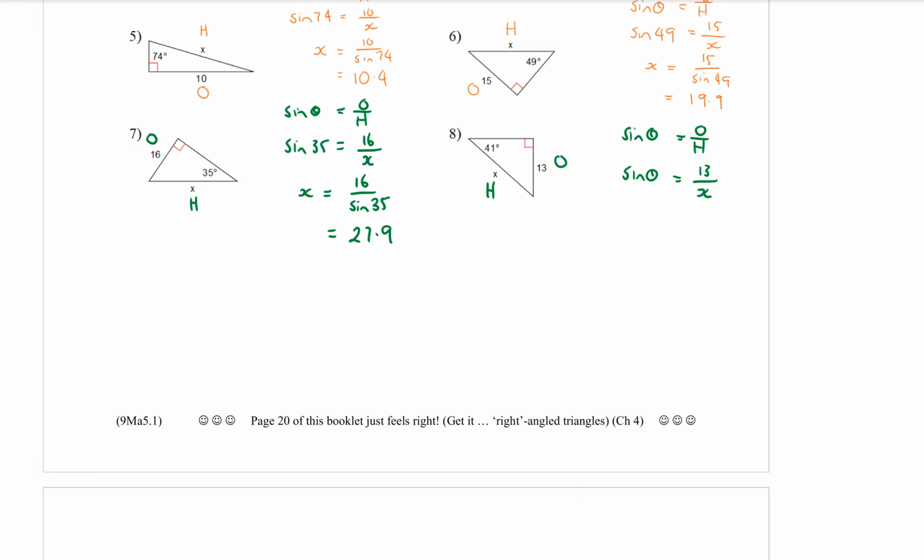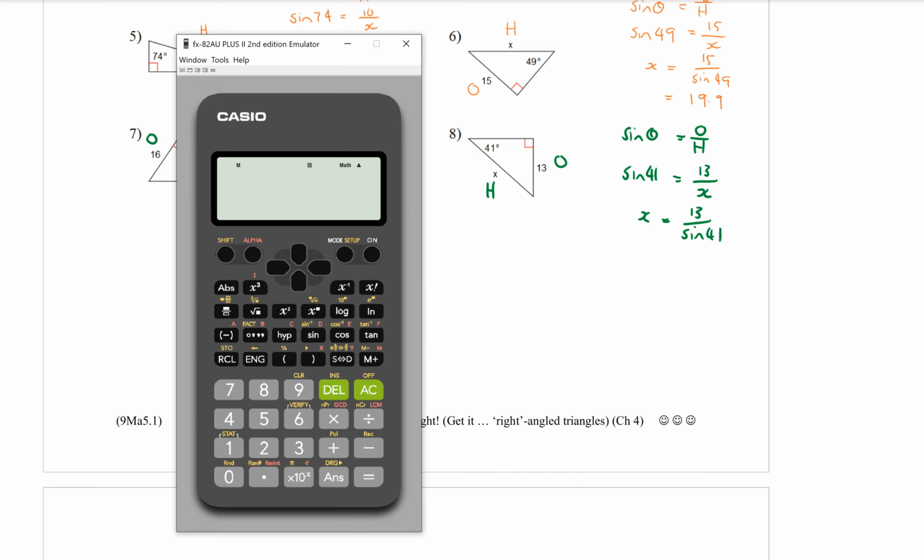Again, the x is on the bottom, so the x and the sine, oops, I didn't put my number in there, that should be a 41. The x and the sine 41 switch places, and we calculate. So that's 19.8.